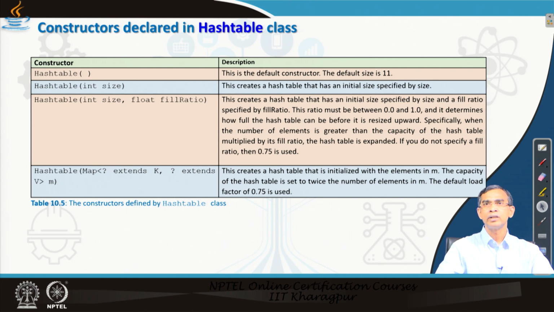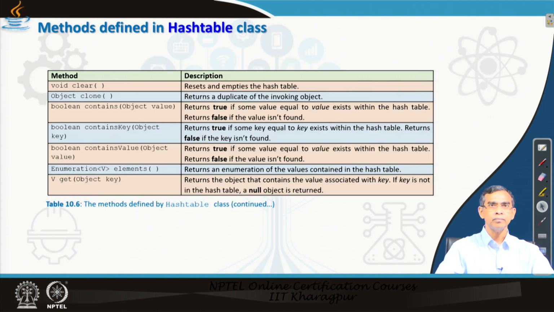Then you can also mention a size for better memory utilization, and at the same time size and fill ratio, that means the rate at which the Hashtable collection can grow automatically. It can also be created using an upper bound specifying the keys as well as the objects. So, an upper bounded argument object can be there. So, this is the last constructor.